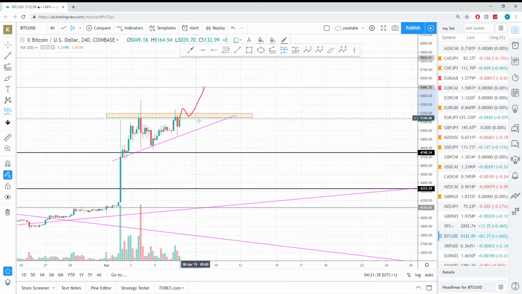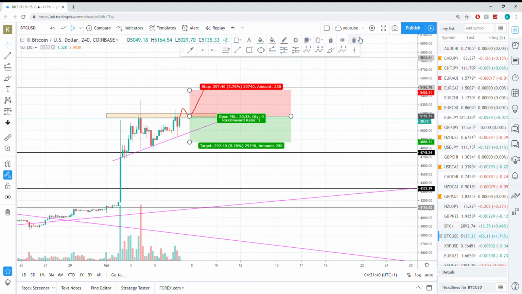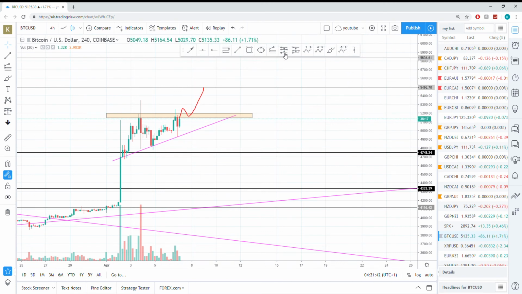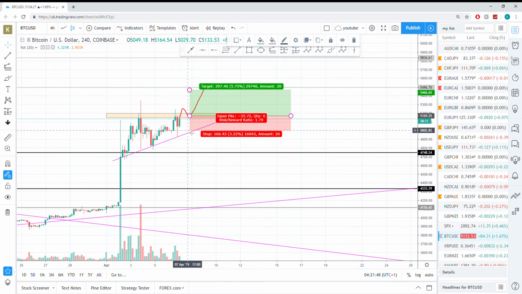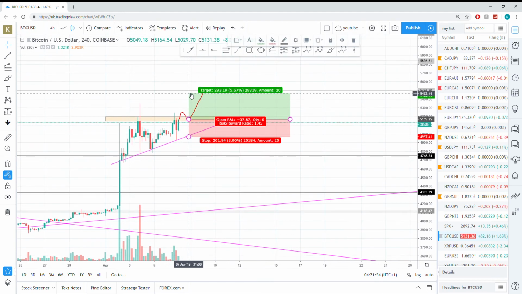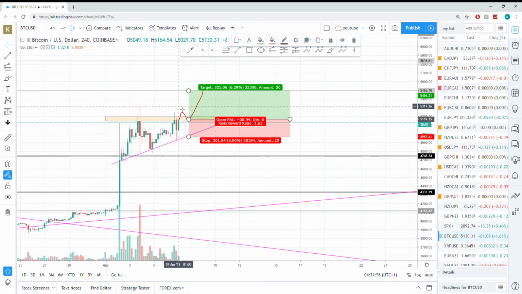I keep doing it the wrong way. I want the long, yeah. So I would put myself in this sort of position, and that would be my take profit. So 1.61, just a quick long on that.